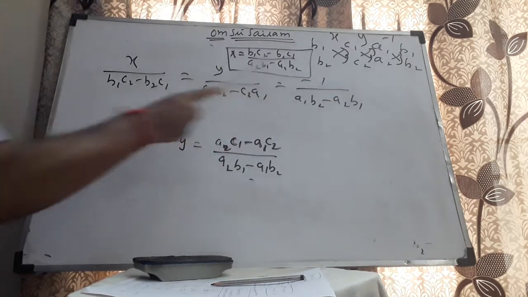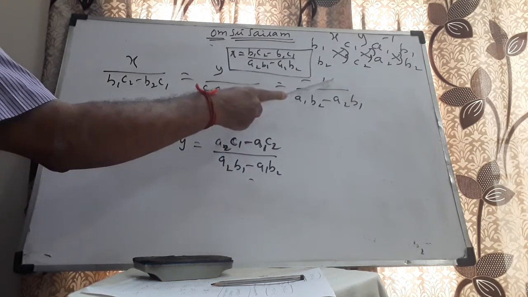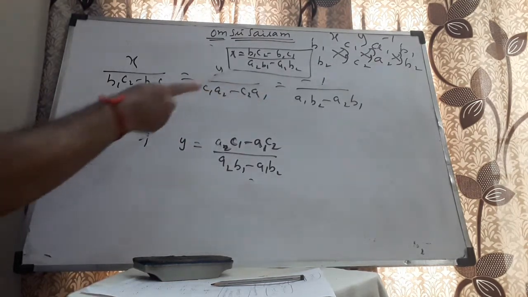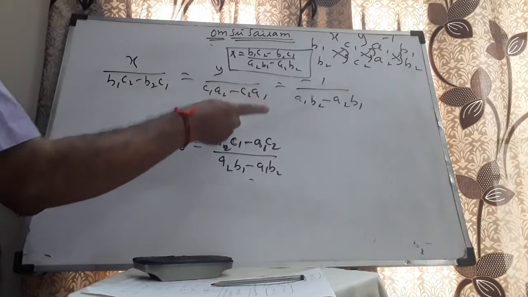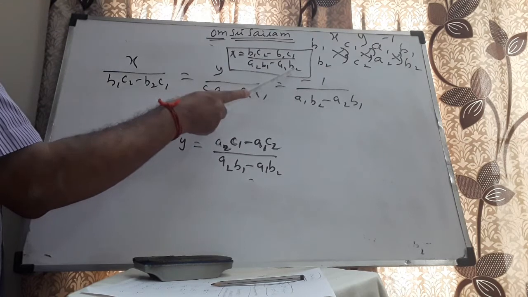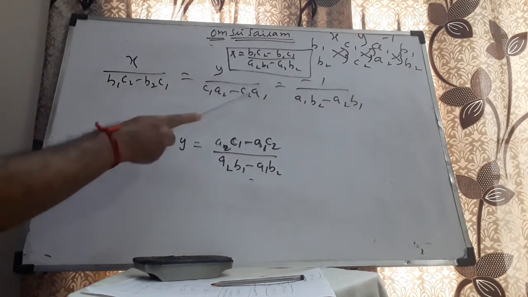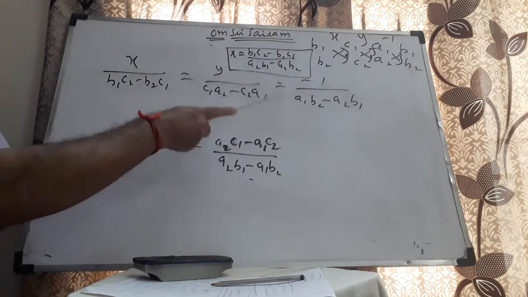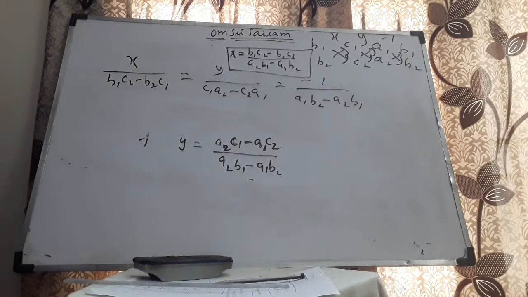Cross multiplying with the denominator from the third ratio, I end up with x equal to b1 c2 minus b2 c1 divided by, minus multiplied with the denominator, a2 b1 minus a1 b2. Similarly, cross multiplying this, y becomes a2 c1 minus a1 c2 divided by, of course, a2 b1 minus a1 b2 multiplying the minus sign. Therefore, this particular rule is called rule of cross multiplication or arrow diagram method.